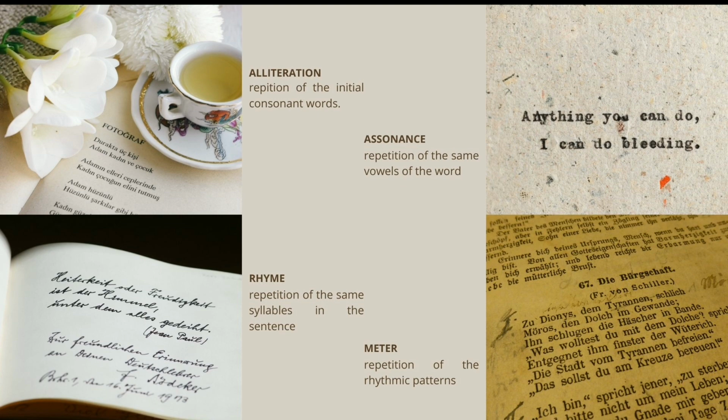Of course, the next one is the meter. When we say meter, it is a repetition of the rhythmic pattern. Even in a literary context or in poetry, there are specific meters that can be used, and of course rhythmic patterns there. For example, "the big bad wolf."